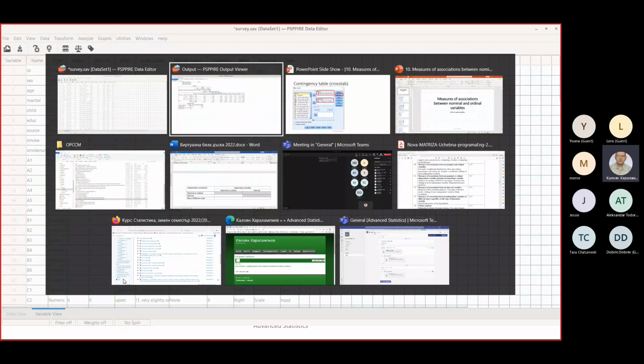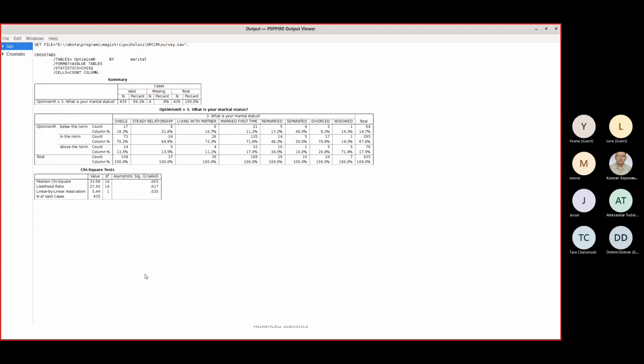And here we can see the result. Here in this table, in each column, we have distribution of optimism, and we must compare the columns.